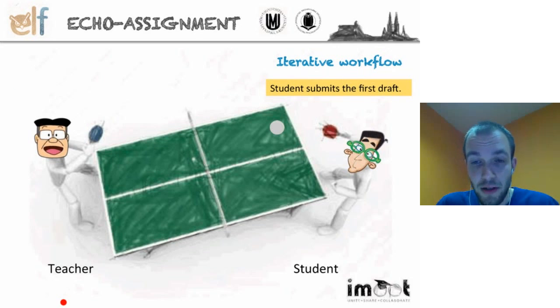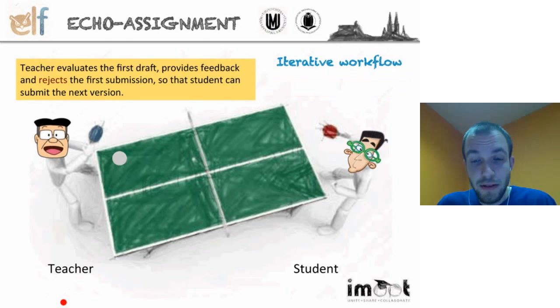After that, the student submits the first draft and waits for the teacher to evaluate it and to send some comments. So the teacher looks at the first draft of the student, provides feedback, and perhaps rejects it.